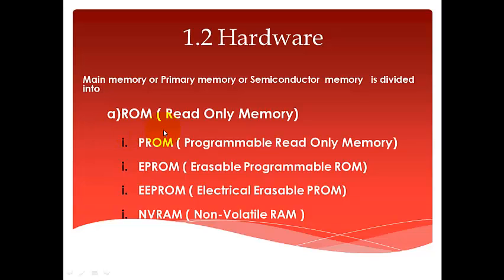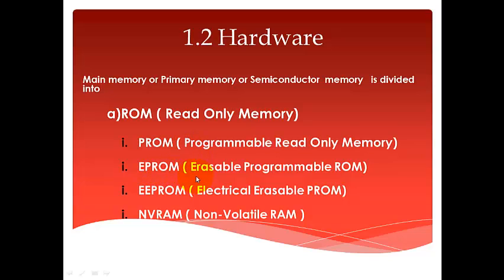So ROM can be further classified into PROM, which is programmable read-only memory, and one more type is erasable programmable read-only memory. Here programs can only be loaded, and the loaded program cannot be edited or deleted.